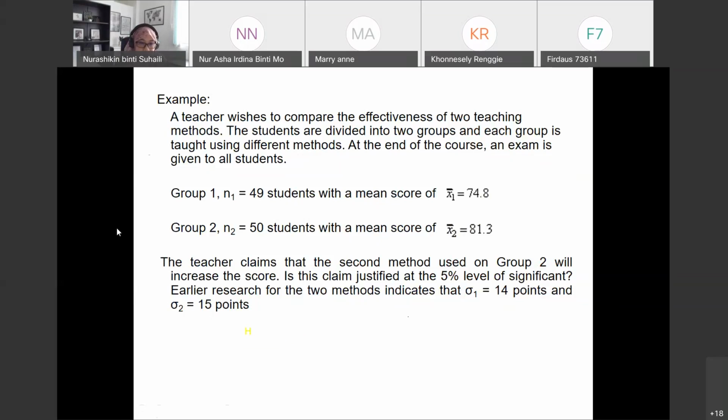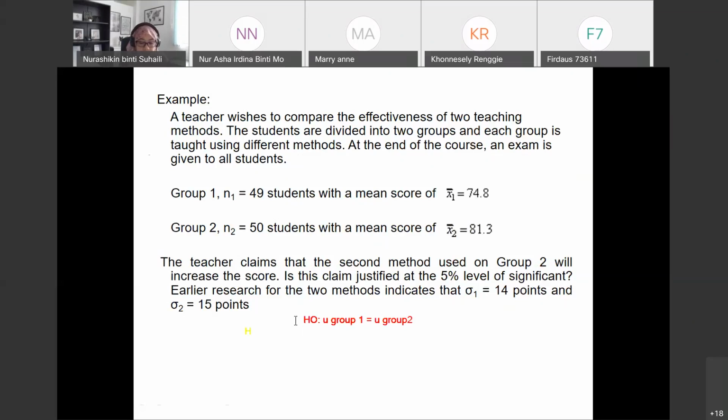So let's say H0, it should be a subscript, the one a little below, not on the same level like that. Mu, I cannot use the right symbol, I just use mu 1. The mean of group 1 should be equal to mu 2, the mean of group 2. That is the null hypothesis, right?